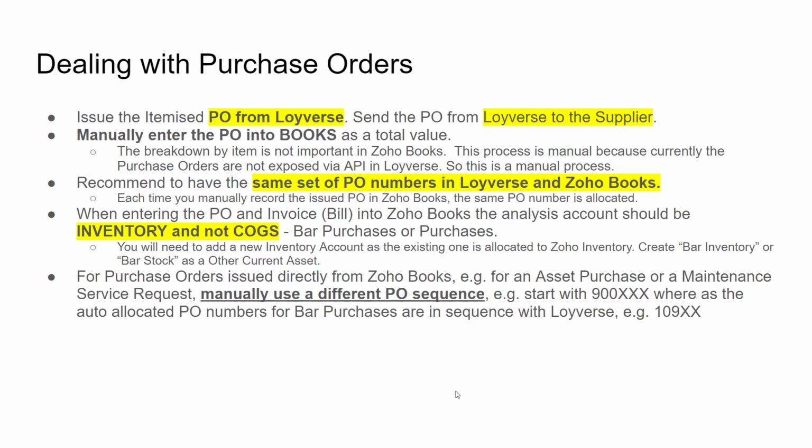You will need to add a new inventory account into Zoho Books, because if you try to use Zoho Inventory as an analysis code, it won't let you because it's already connected to Zoho Inventory and the Zoho range of products. So you need to create a new account under, say, other current assets and call it bar inventory or shop 123 inventory or whatever you want, and then you can use that.